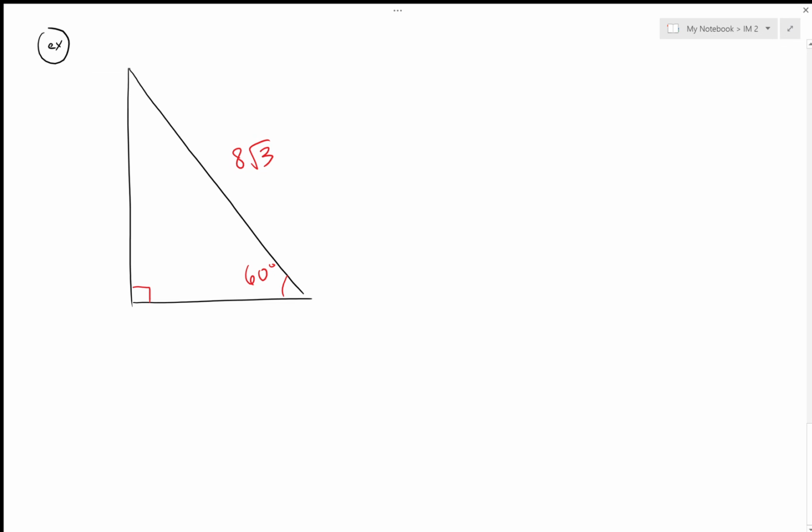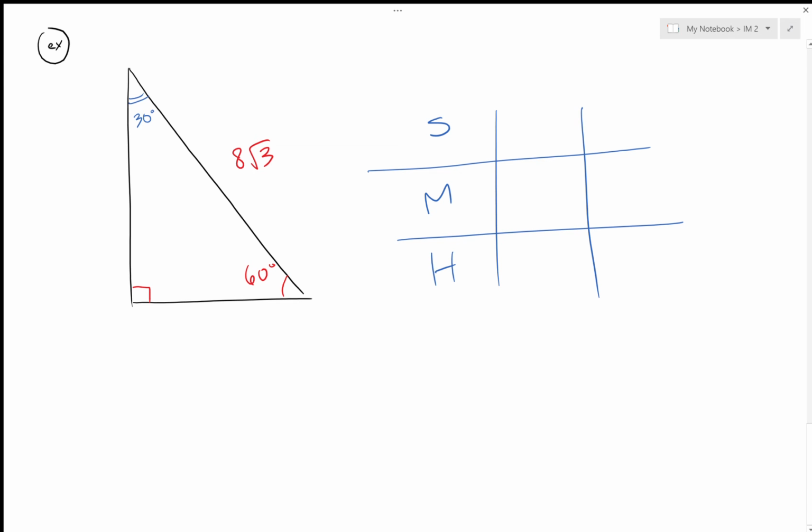Okay. So this time I have a 90, I have a 60, so the other one has to be a 30. Has to be. So we have a 30, 60, 90 triangle this time. So that's a short side, a medium side, and the hypotenuse side.